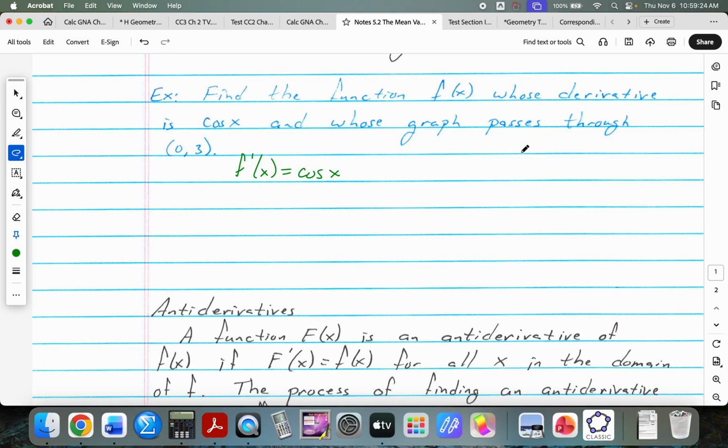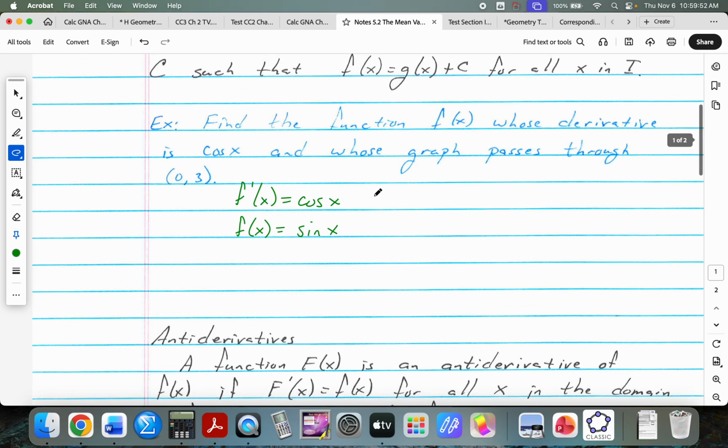All right, so then what's the simplest function whose derivative would be cosine of x? Sine of x, right? The derivative of sine is cosine. But here's the problem, is that if x is 0, f of x isn't 3, is it?